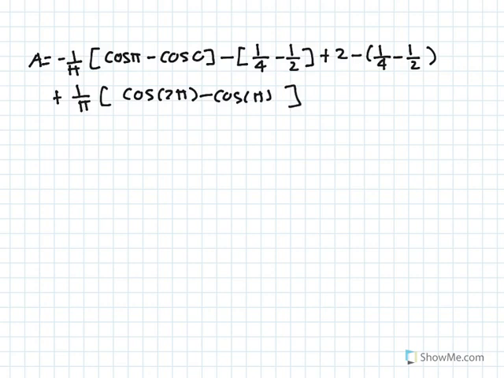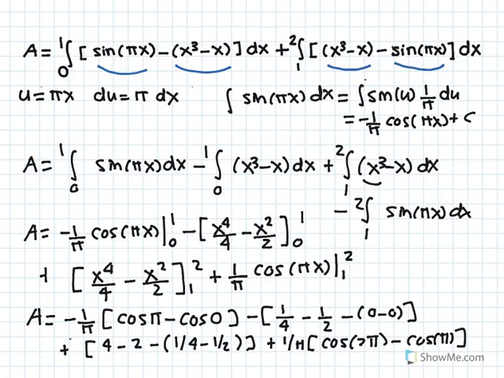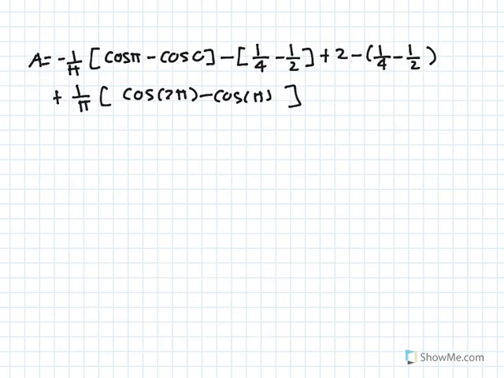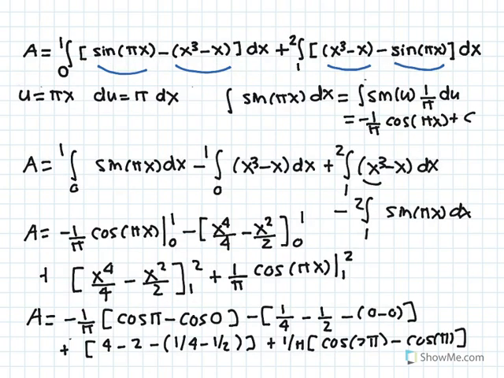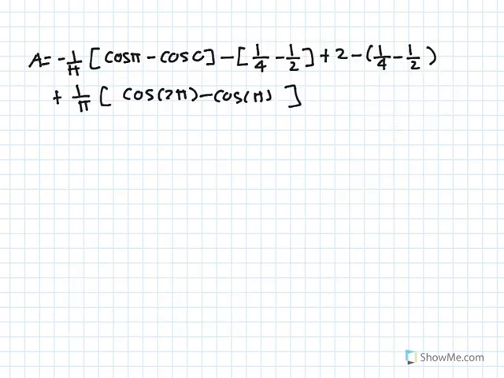Let's double check to see we haven't made any mistakes. So we have negative 1 over pi times cos pi minus cos 0 minus 1/4 minus 1/2 plus 4 minus 2, that's 2, minus 1/4 minus 1/2 plus 1 over pi times cos 2 pi minus cos pi.